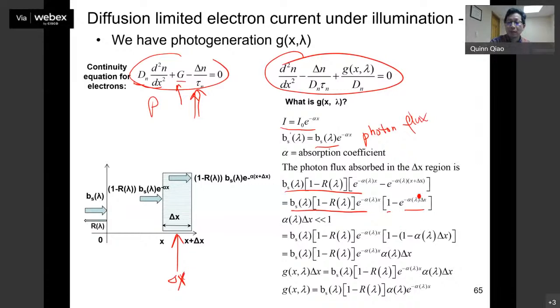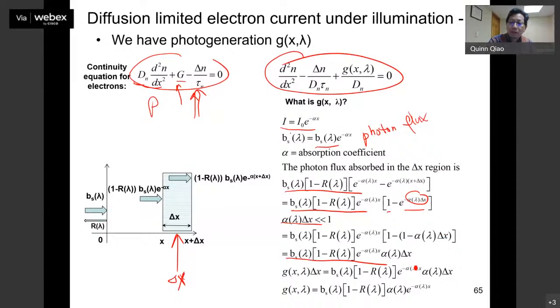And then typically this one is so small because we now differentiate this slice into a very small slice. Then you can see that it is too small. That's 1 minus e to the minus alpha delta x. That's so small, you can just see that it's equal to 1 minus (1 minus alpha delta x). So that's alpha lambda delta x.